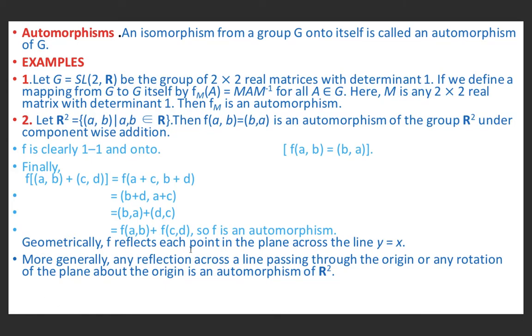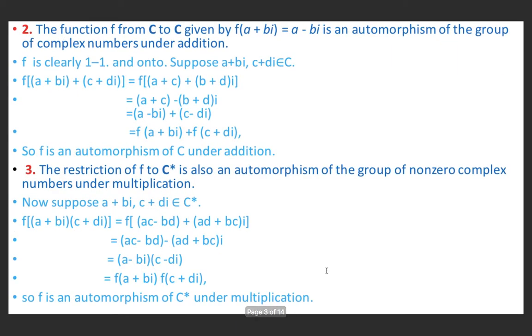Geometrically, f reflects each point in the plane across the line y equal to x, because a goes to b and b goes to a. More generally, any reflection across a line passing through the origin or any rotation of the plane about the origin is an automorphism of R square.